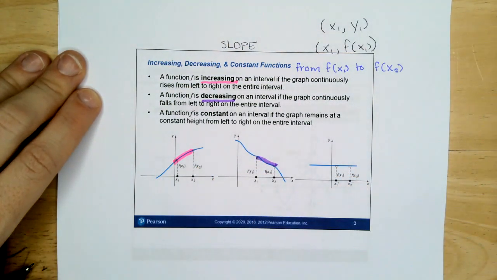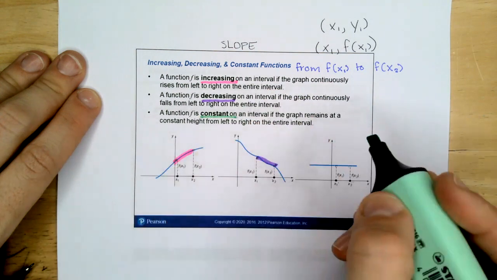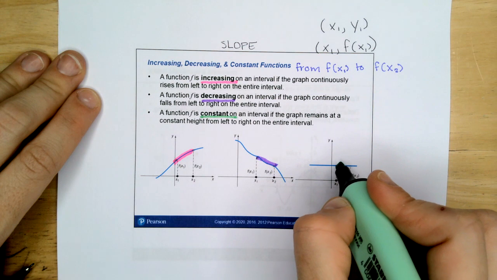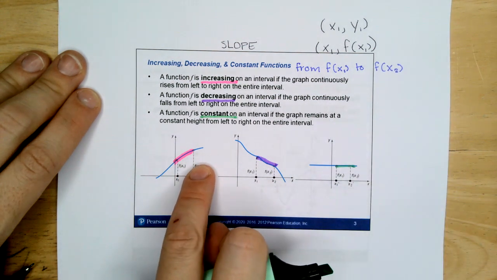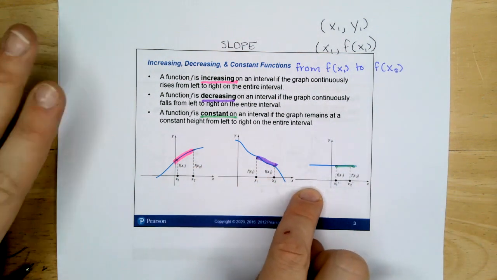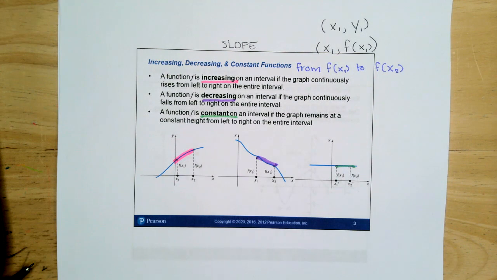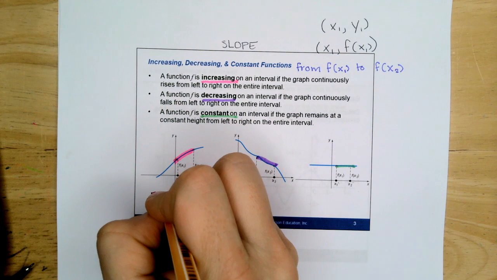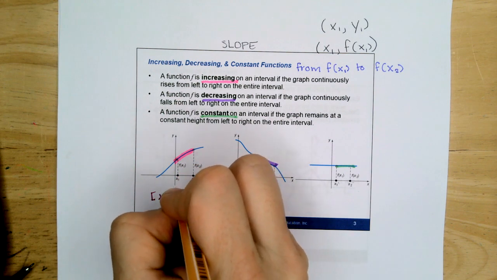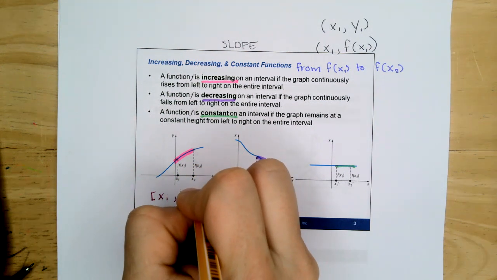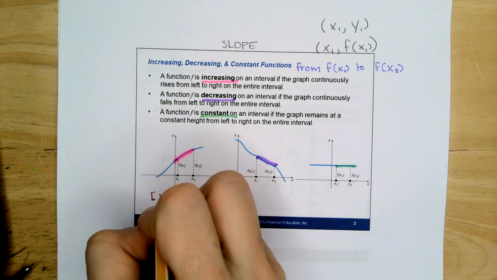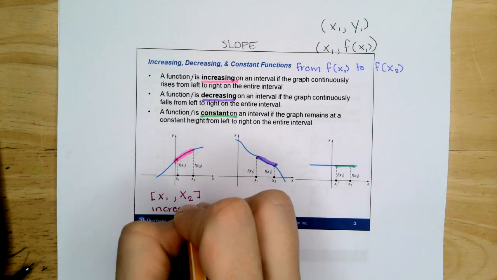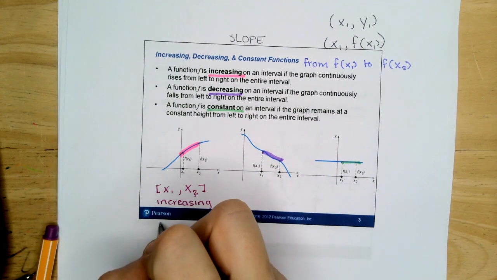And then a function is constant on the interval if it remains at a constant height from left to right for the entire interval. This one is increasing, this one's decreasing, this one's constant, okay? The way you would write it is from and including x1 to and including x2, it is increasing. If you want to relate it back to slope, it has a positive slope.